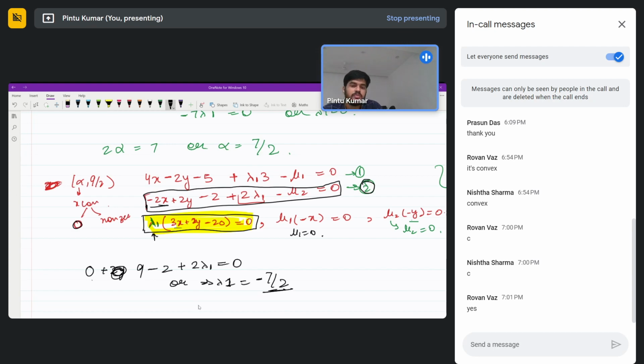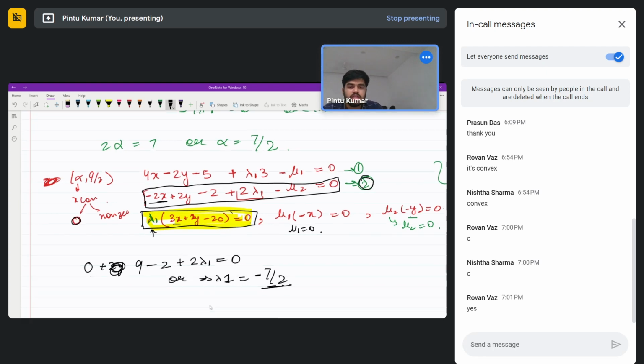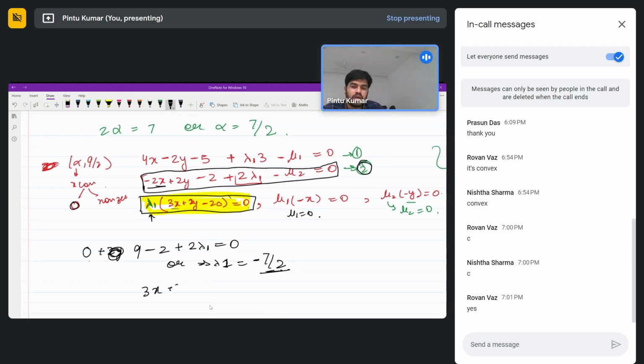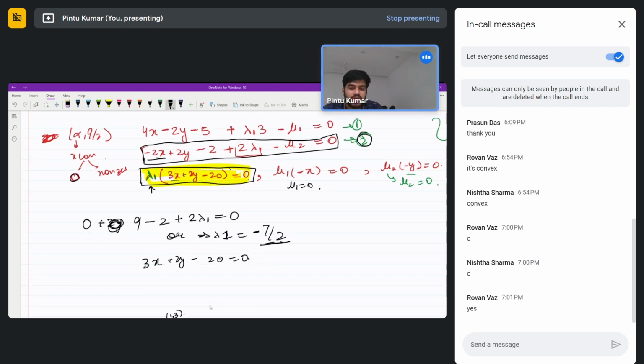So the only possibility to make this thing 0 is that my 3x plus 2y minus 20 should be equal to 0. But I know that my x is 0 and my y is 9 by 2. So 0 plus 9 by 2 minus 20 is not 0. So this is not possible, right? So this is sort of contradictory. That's why my x can't be 0. Okay, so x is non-zero.